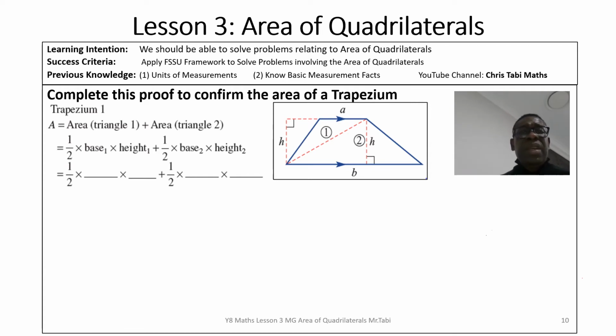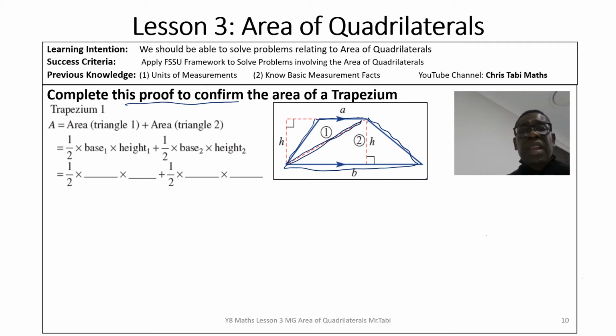What about trapezium? How can we prove to confirm the area of a trapezium? Well, again, we'll follow similar arguments. If you look at what we have here, in our trapezium, we have triangle 1 and triangle 2. This is triangle 1, and that's triangle 2.